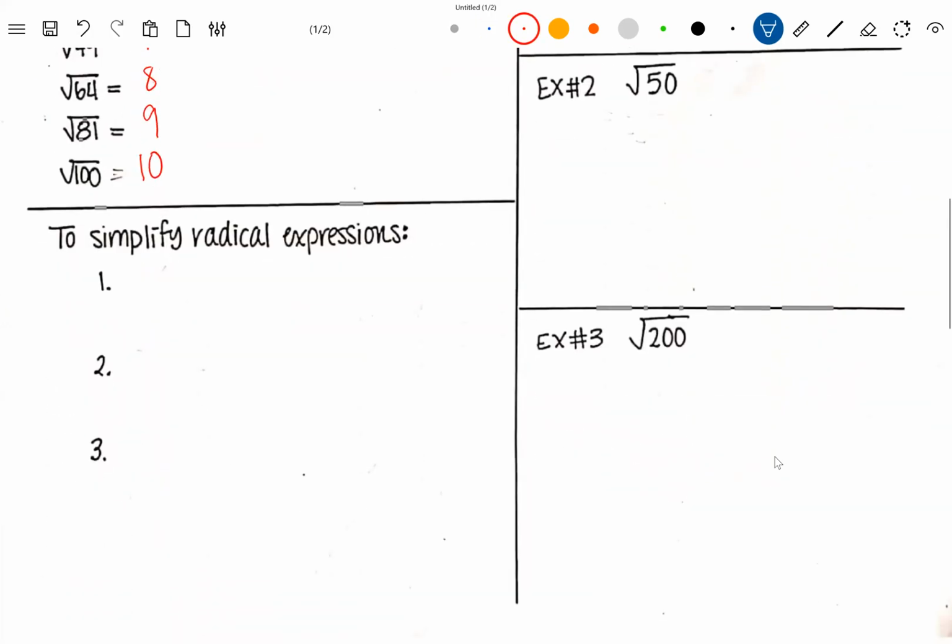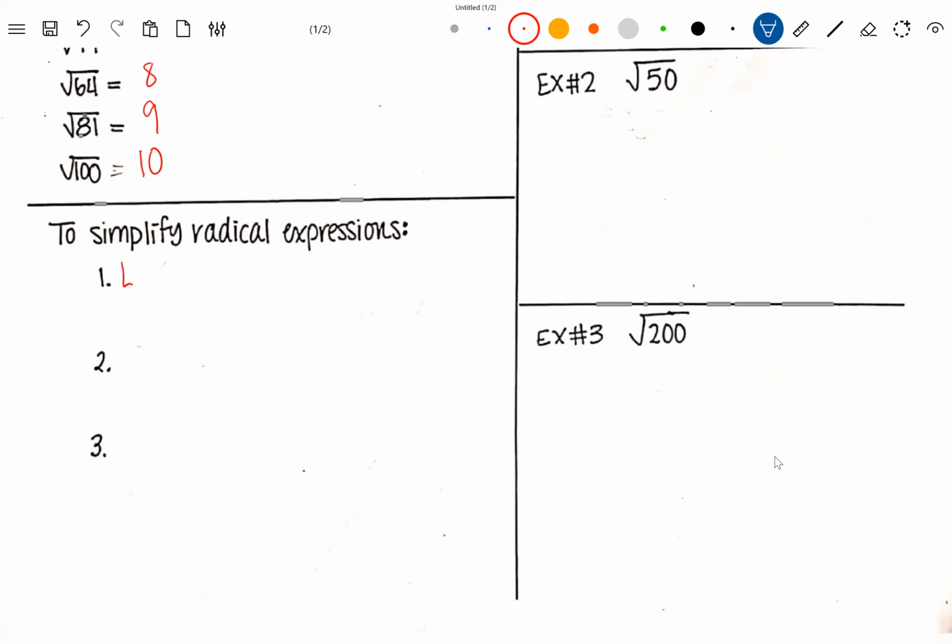The steps that we're going to do is we're going to look for the biggest perfect square that divides evenly into the number.